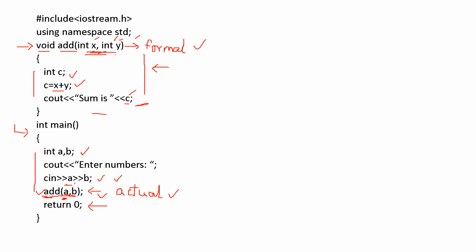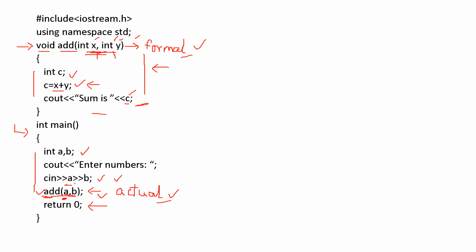That is, a becomes x and b becomes y, and then x + y is added and the result is displayed. So actual parameters are the parameters in the function call in the main section, and formal parameters are the parameters in the function definition. Here x and y are the formal parameters and a and b are the actual parameters.